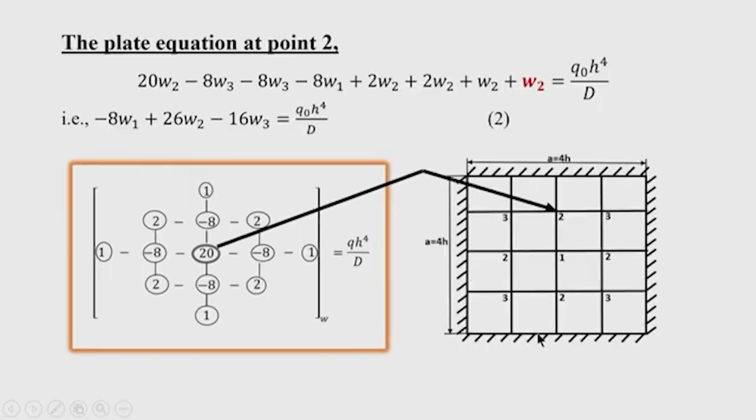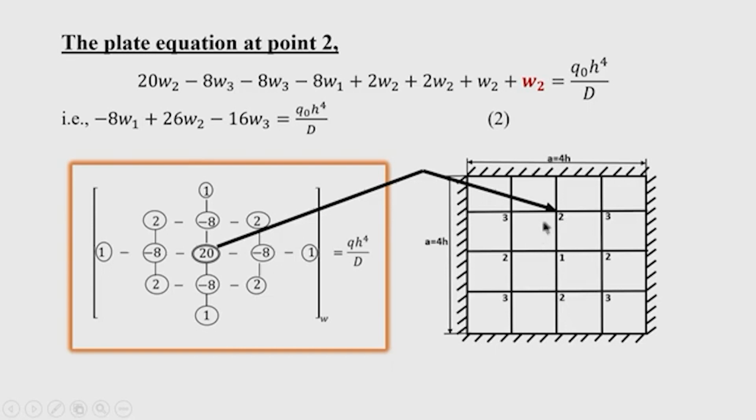Next, place the stencil at node 2. After placing the stencil at node 2, you can see that this minus 8 here and 1 is falling on the edge. So, naturally, this deflection will go to 0, because there will be no deflection at the edges. Similarly, here and here you are seeing minus 8 and here 1.